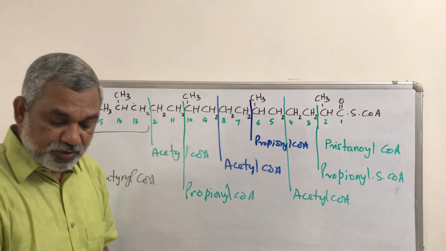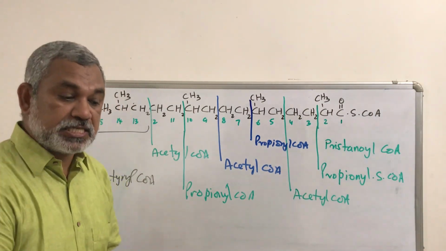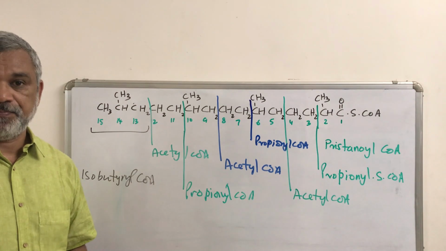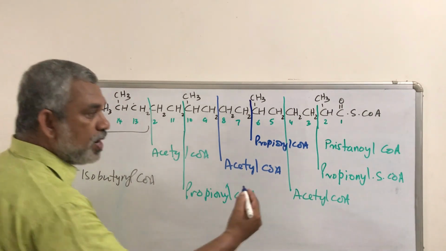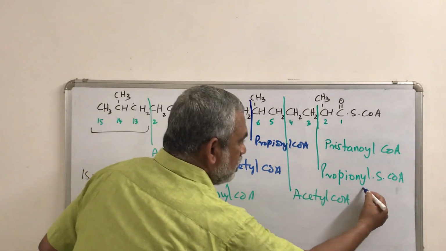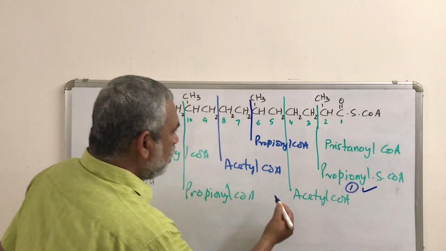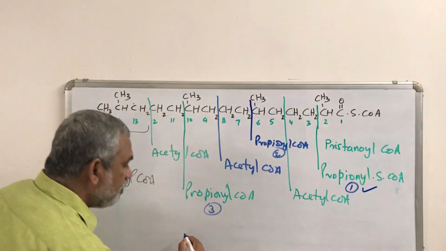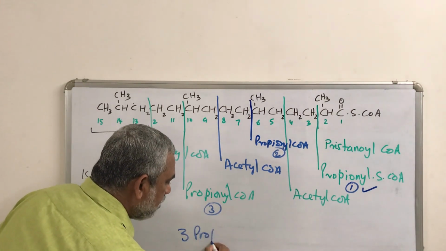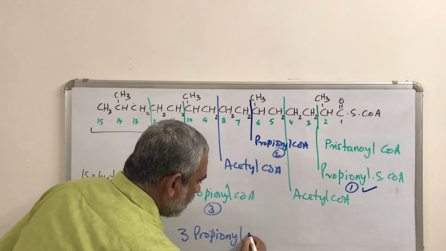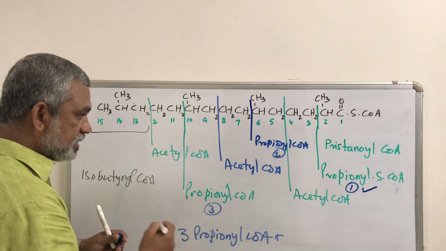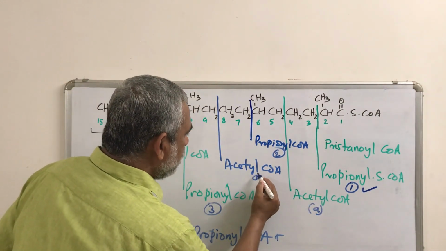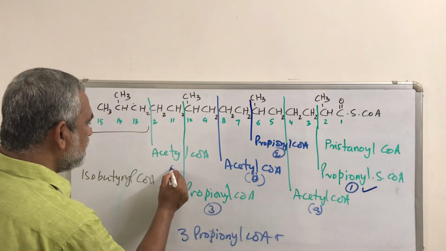Therefore, if we have to write the final summary of all that happens to this 15-carbon fatty acid, you are getting one propionyl-CoA, second propionyl-CoA, and the third propionyl-CoA. So therefore, 3 propionyl-CoA plus acetyl-CoA, there is 1 acetyl-CoA, second acetyl-CoA, and the third acetyl-CoA.